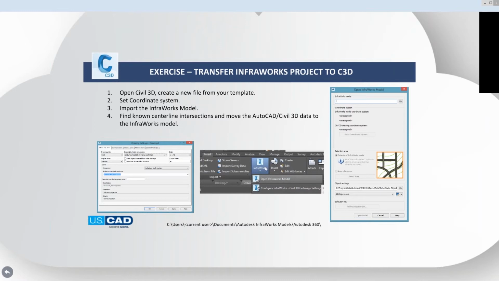However, the little caveat here is in order to import a current InfraWorks model, like the SQLite files, you have to be in the most recent version of InfraWorks and the most recent version of Civil 3D. So now that 2020 is out, you have to be on 2020 in order to bring in the SQLite. Otherwise, you're going to have to manually extract the file as an INX file, and then you can bring it into an older version.